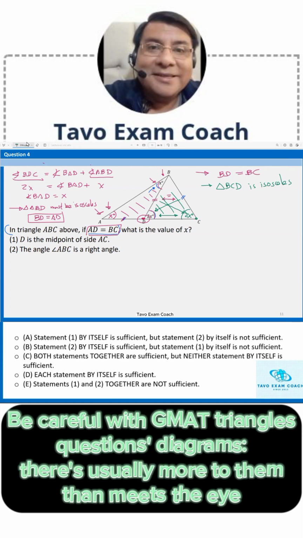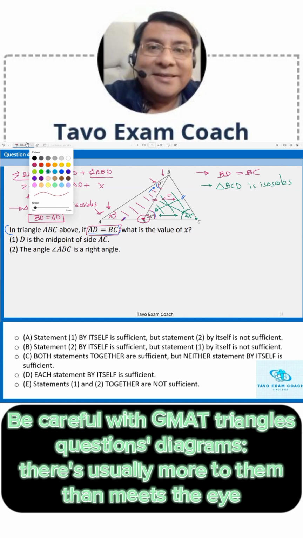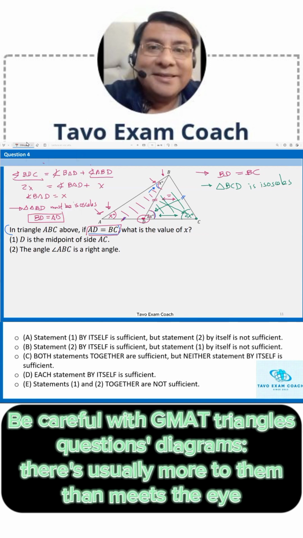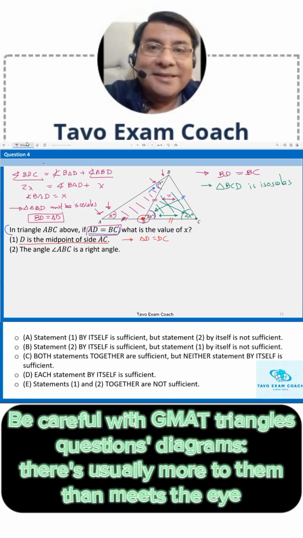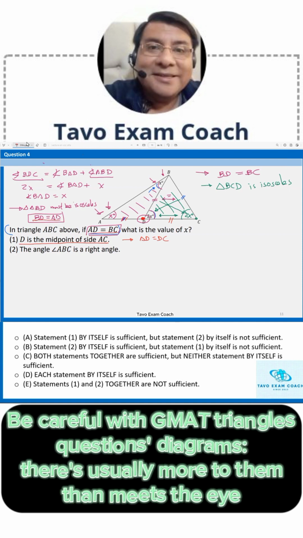So now we go confidently to statement 1. Statement 1 says that D is the midpoint of side AC. So if this point here is the midpoint of AC, that means that DC and AD should be the same. AD equals DC. But if AD equals BD, AD equals BC, and AD equals DC, then it follows that these three sides are the same too: BD, BC, and DC.